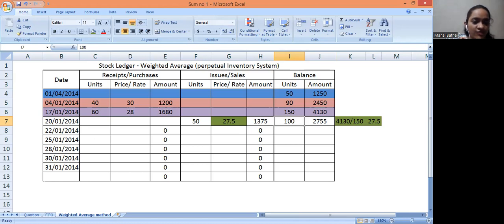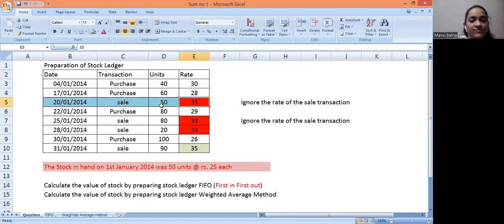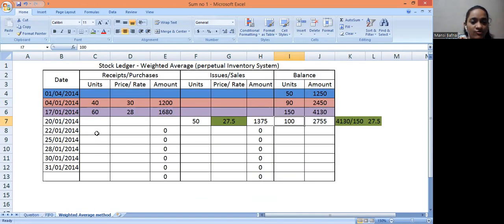Moving further, on 22nd of January, you have purchased 80 units at the rate rupees 29 each. So that will give you 2320 rupees. And in the issue column, there will be nothing. In the balance column, you will simply add.